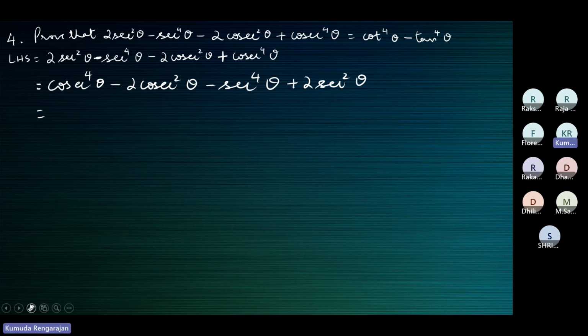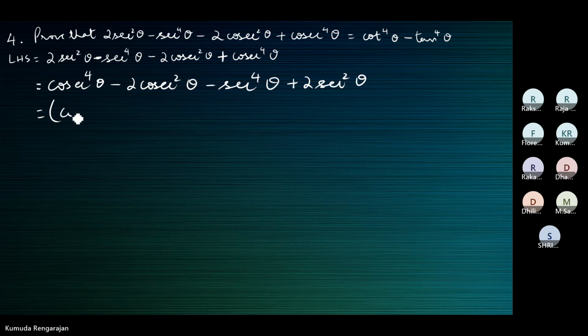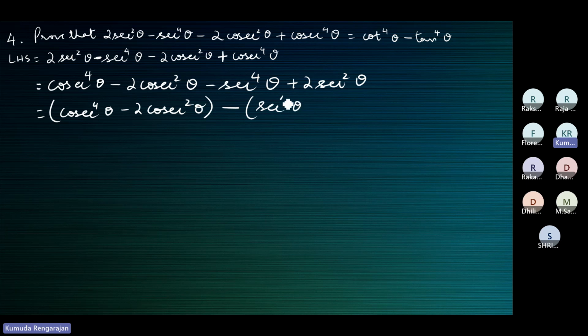Okay, so we use brackets. Cosecant theta to the power 4 minus 2 cosecant square theta in one bracket. Then minus secant theta to the power 4, and minus into minus is plus 2 secant square theta. Now it's time to show that the terms are in the form a squared minus 2ab plus b squared.